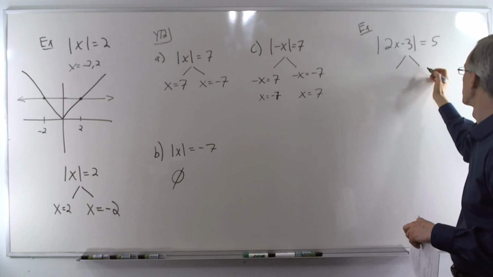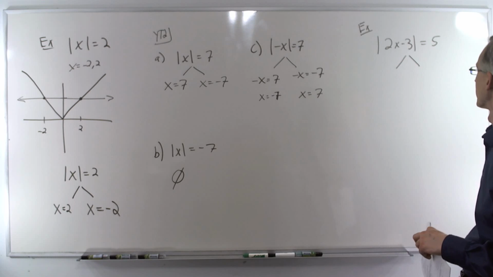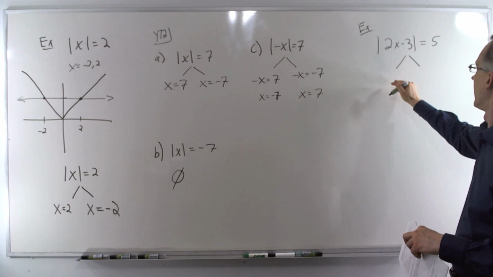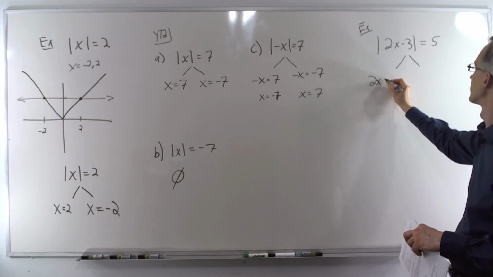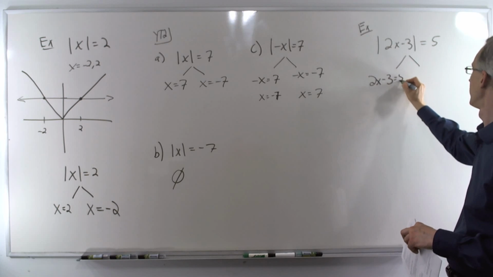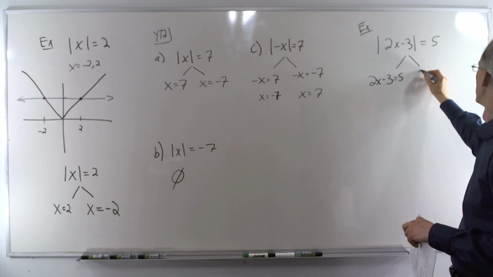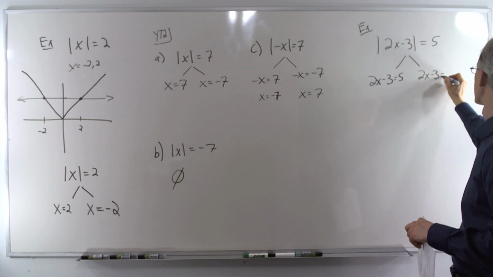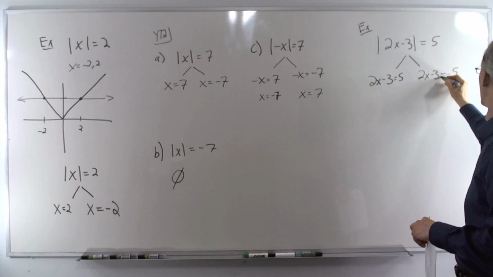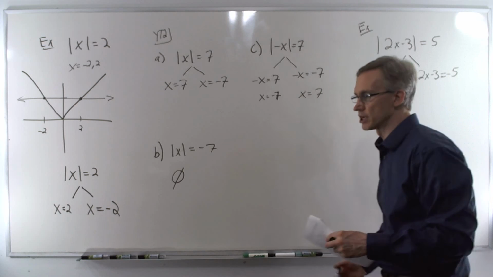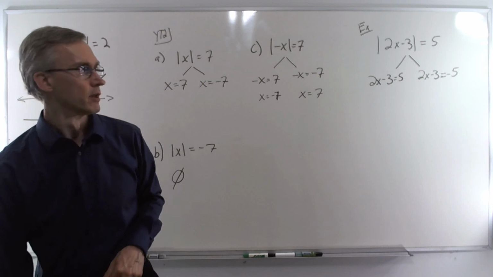Make sure you do not split up until you have something that looks like that. Okay, now remove the absolute value bars and write the equation exactly as it is. Just 2x minus 3 equals 5. And then the other side, 2x minus 3 equals the opposite of this side, negative 5.